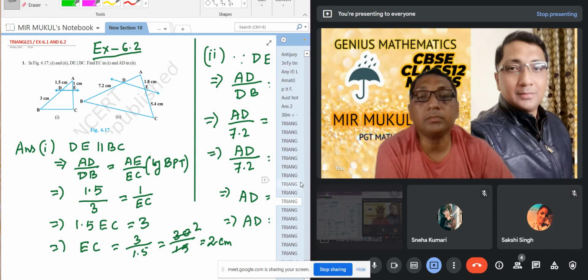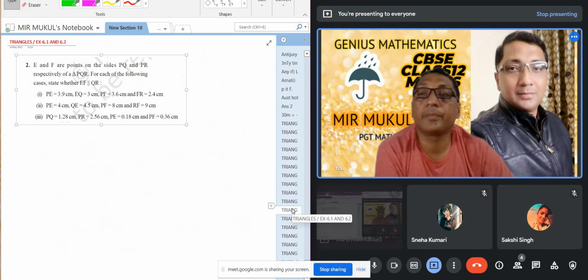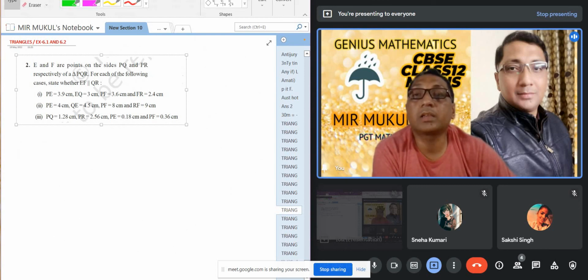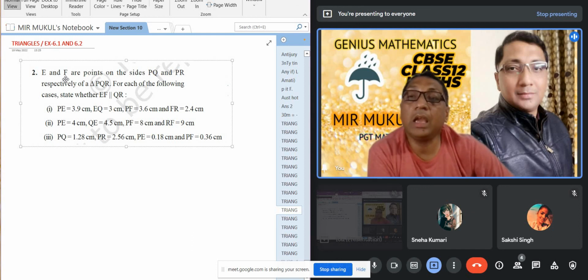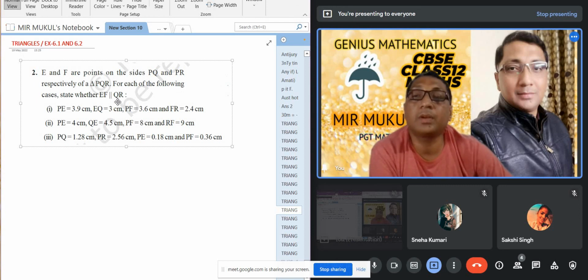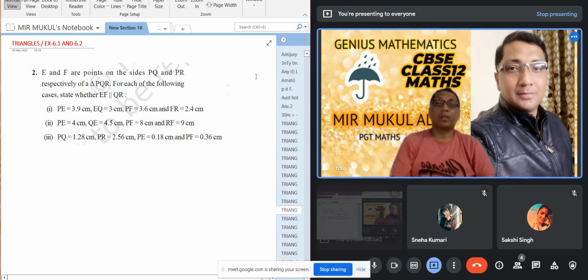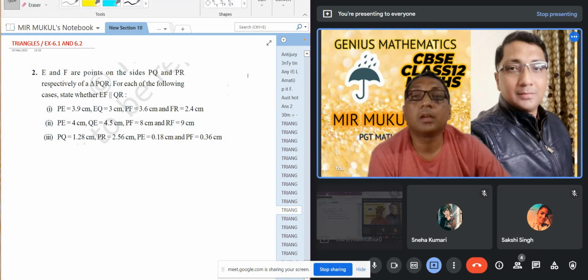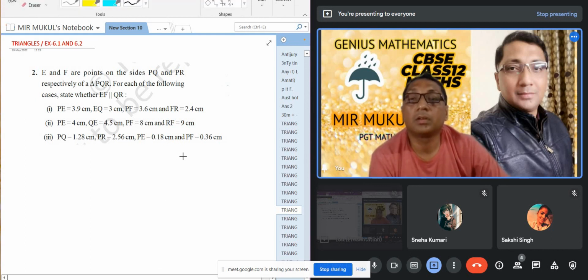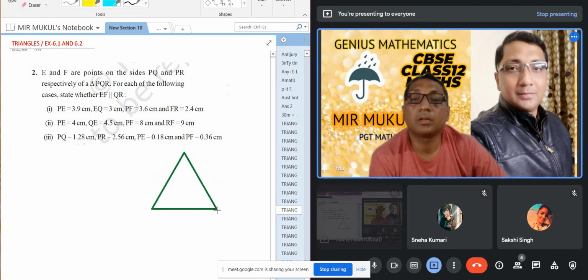Now next question. E and F are points on the sides PQ and PR respectively of a triangle PQR. For each of the following cases, state whether EF is parallel to QR or not. Here the figure is not given, so we have to draw the figure.